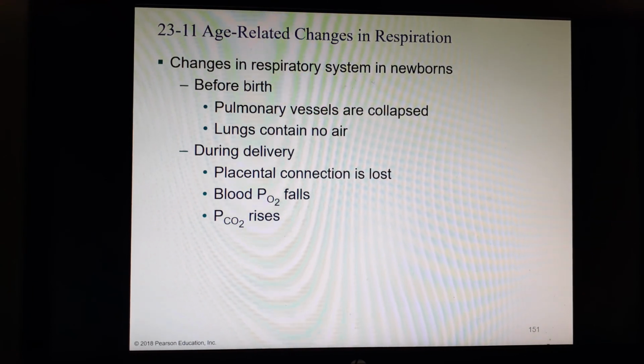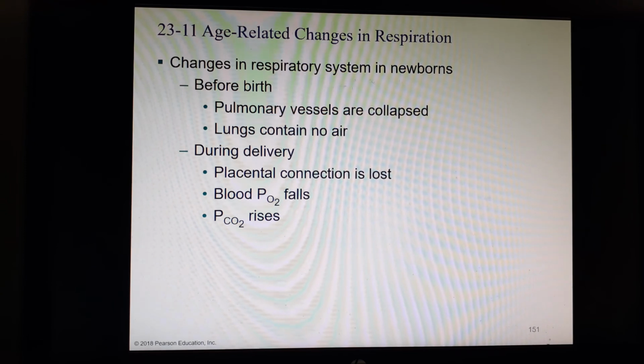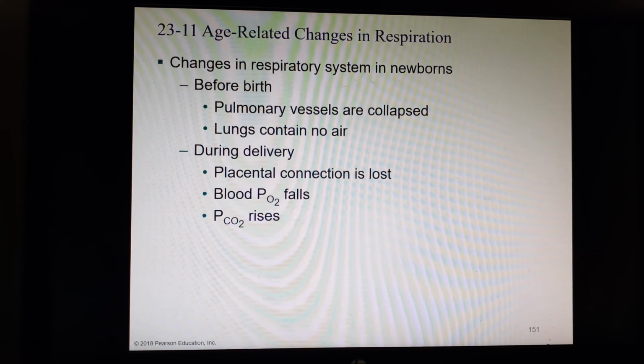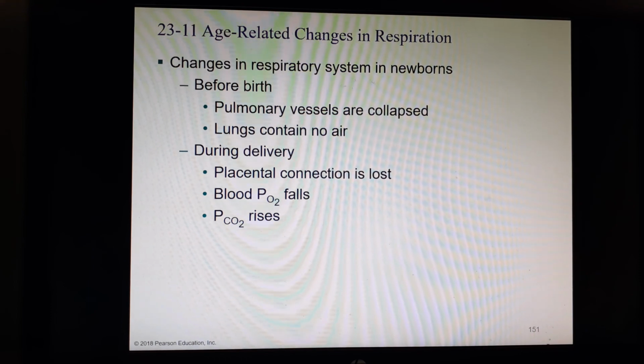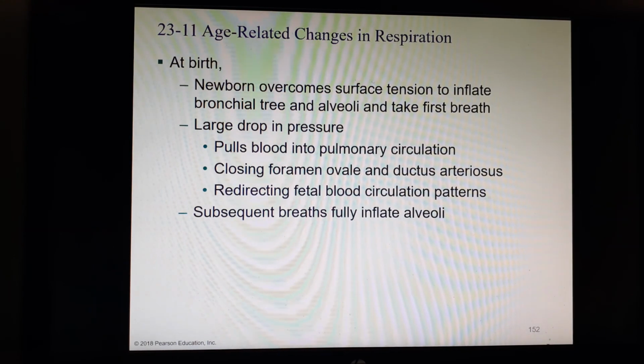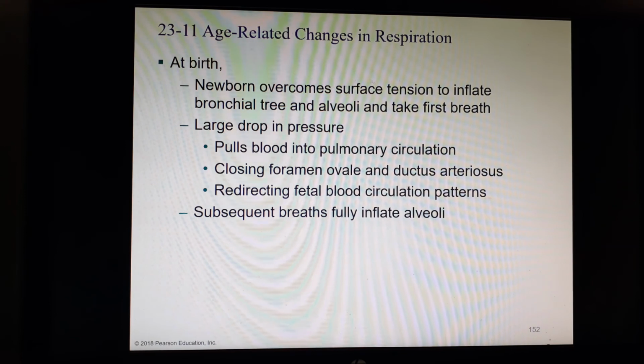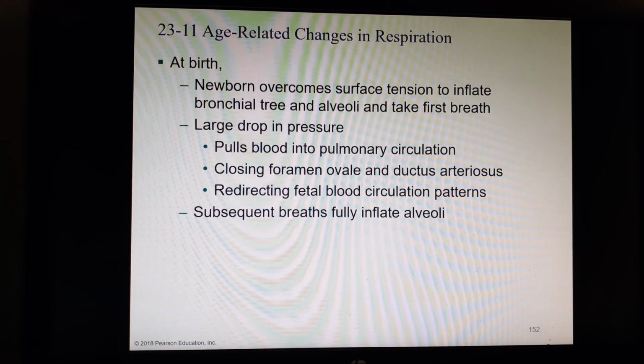And things that change in babies before birth, their pulmonary vessels are collapsed, their lungs have no air. During delivery, they lose the connection to the placenta, so that's where their oxygen was. That causes their blood partial pressure of oxygen to fall and CO2 to rise. And so the newborn at first has to overcome surface tension to inflate the bronchial tree.